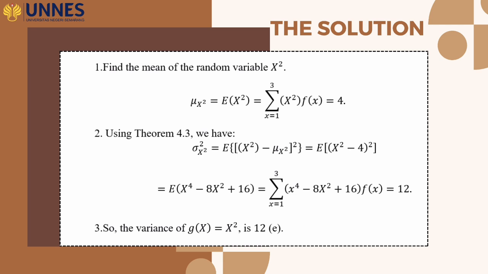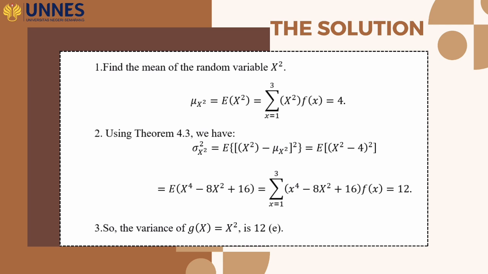Now we substitute x equal 1 to 3: 1 squared times f(1), which is 0.5, plus 2 squared times f(2), which is 0.2, plus 3 squared times f(3), which is 0.3. And after calculating, we have 4.